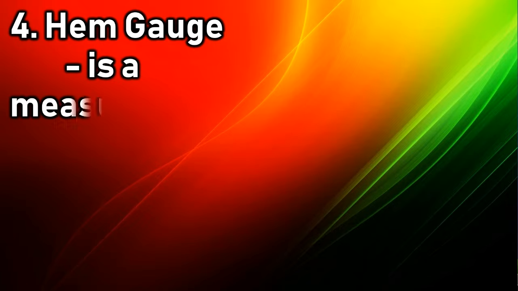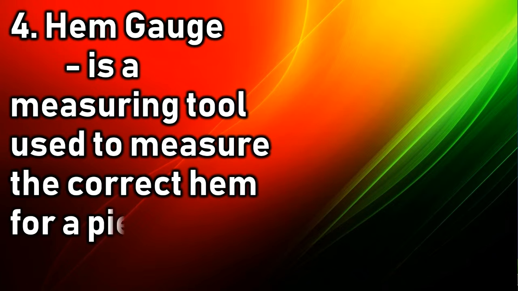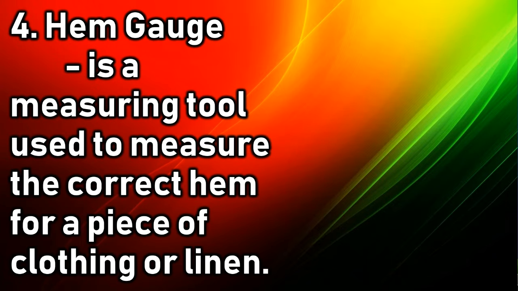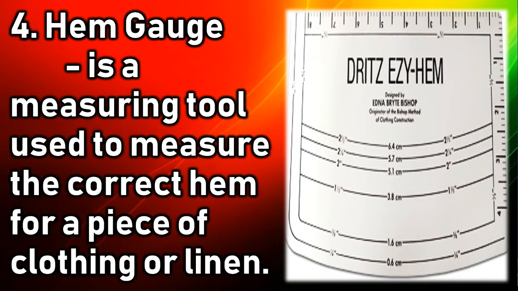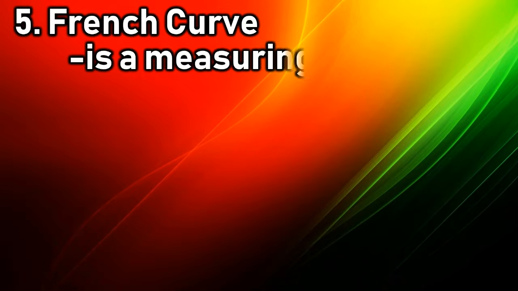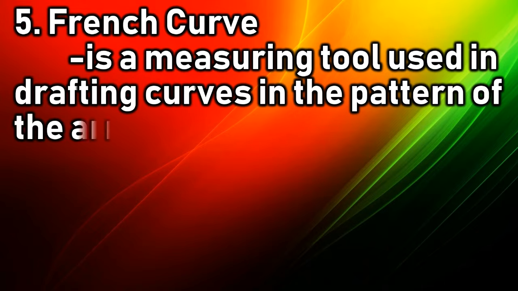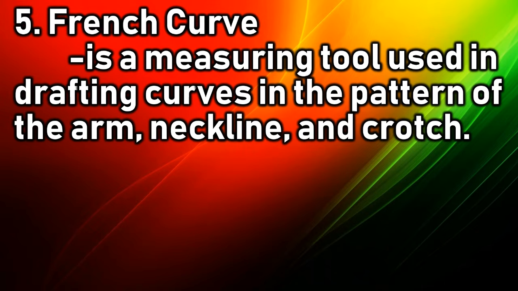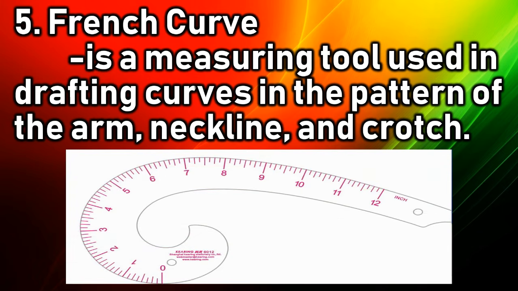Hem gauge is a measuring tool used to measure the correct hem for a piece of clothing or linen. 5. French curve is a measuring tool used in drafting curves in the pattern of the arm, neckline, and crotch. 6.